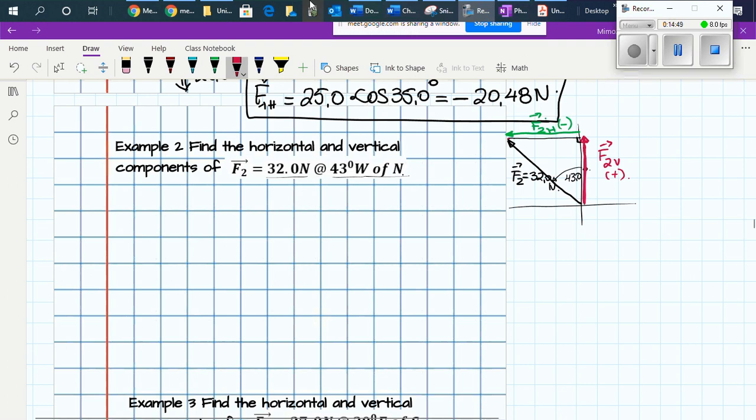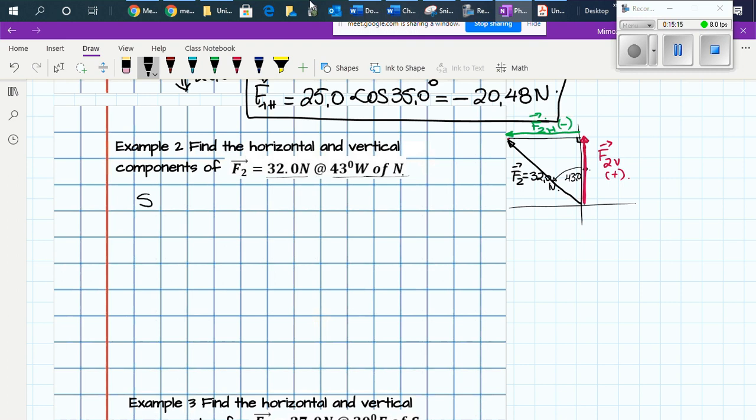Good. So the vertical component is positive because it's going north, and the horizontal component is negative because it's going west. Let's now find the horizontal and vertical components. The horizontal component, in relation to 43 degrees, is the opposite.